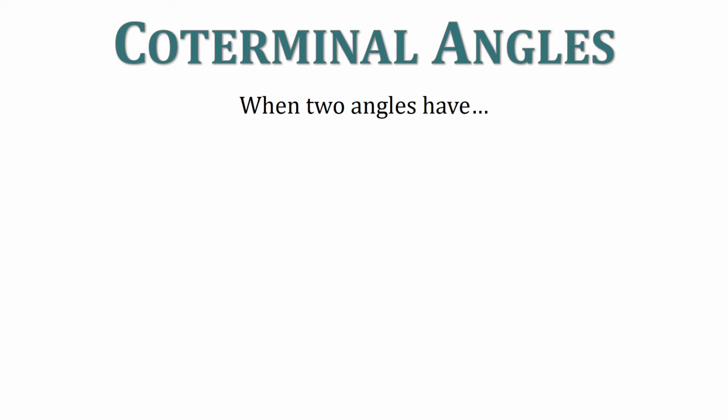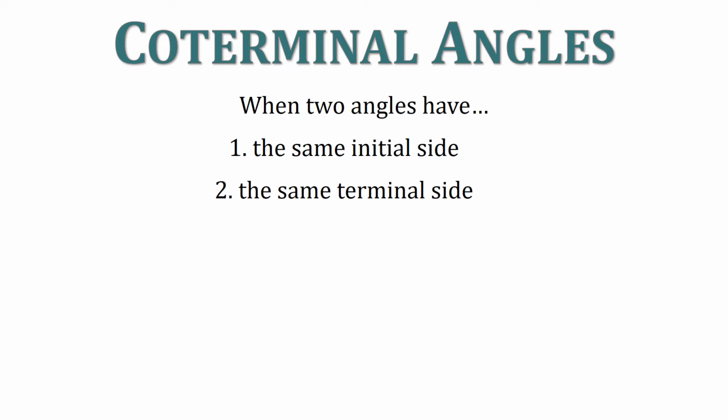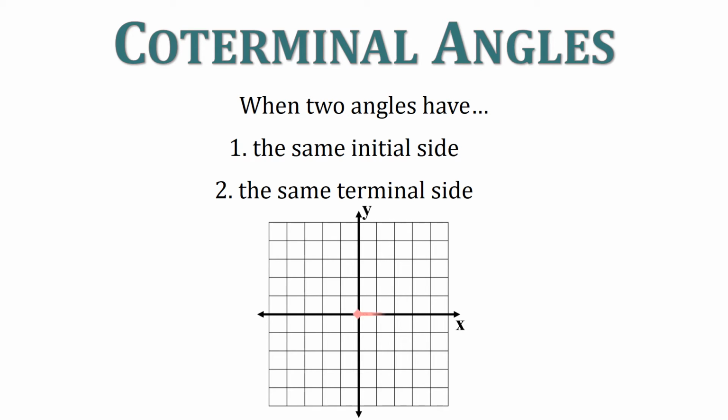Coterminal angles are when two angles have the same initial side and the same terminal side. Their angle measures will be different, however, their ending position will be the same. So let's look at an example. Here is our initial side. We rotated this 135 degrees. Now, starting once again at the initial side, what if we rotate clockwise?